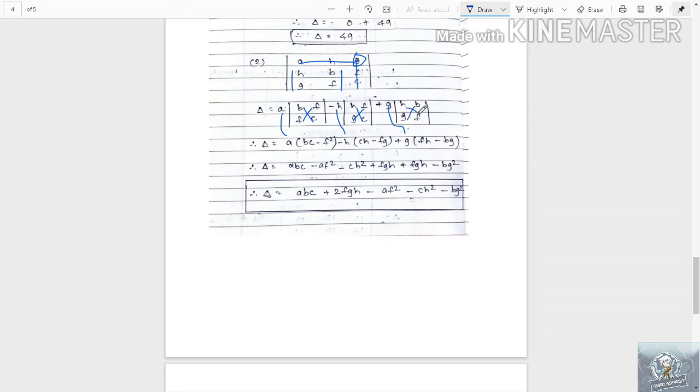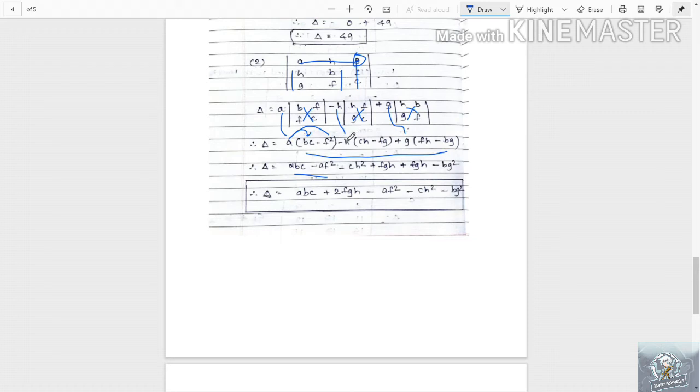FH minus BG. Then one equation will form, and then as we have learned in last year expansion form, we have to do that only. Expand it, A will be multiplied by BC minus FC square. So what will come? ABC minus AF square minus H multiplied by CH minus FG.